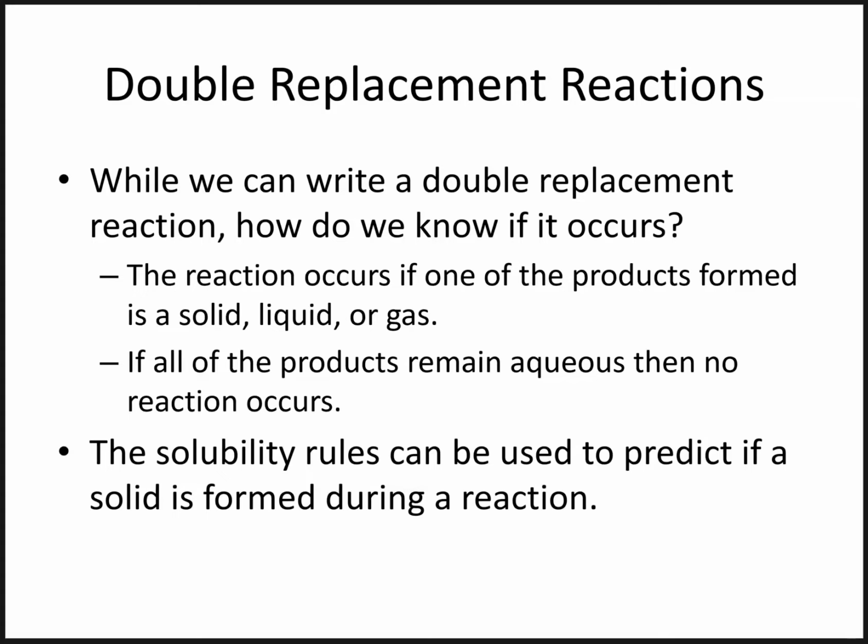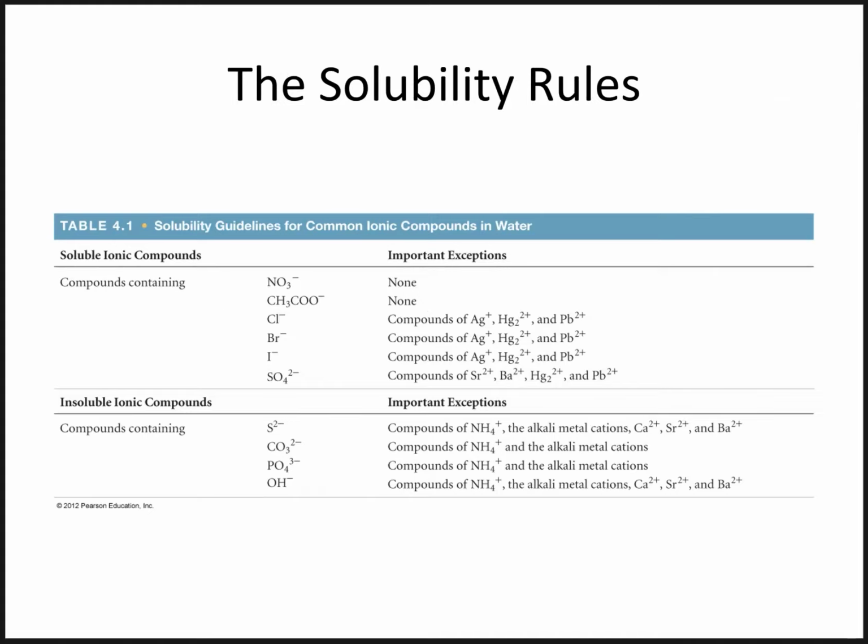The solubility rules tell us what forms a solid or what won't dissolve in solution when the cations and anions are brought together. So you can see here in the first case with nitrate, anything with an NO3 on it is going to be aqueous. It doesn't matter what the cation is.